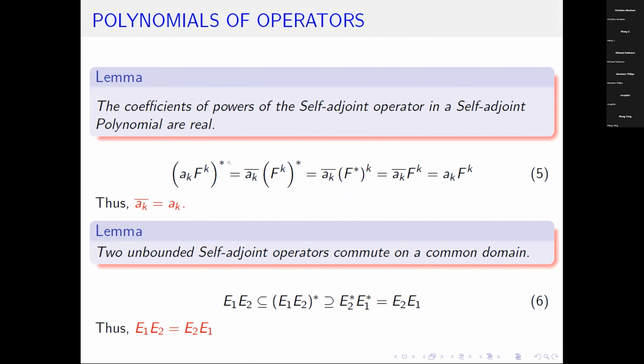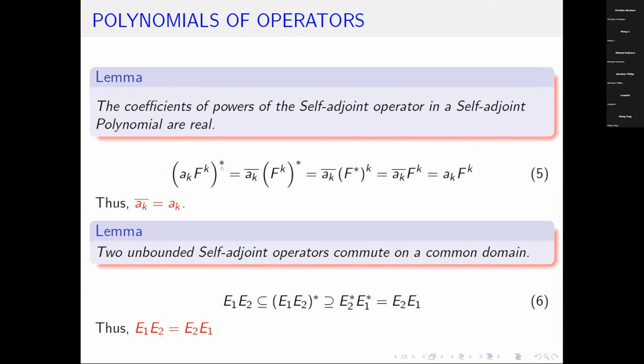Then when we apply the adjoint there, we get equation 5: the conjugate of a_k multiplied by the adjoint of F^k. Since we can commute the powers and the adjoint, we come up with the third part of the equation. And since F is self-adjoint, of course you drop that adjoint, and you simply have the conjugate of a_k multiplied by F^k.